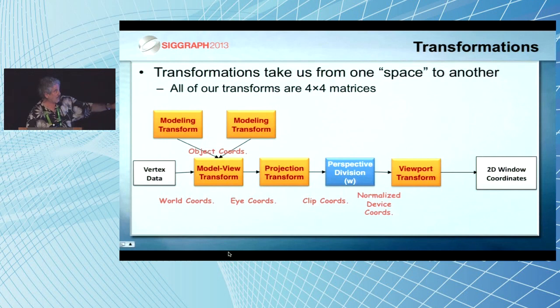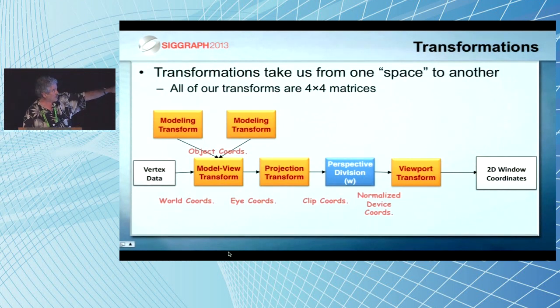And eventually, at the end of that, you wind up in a system that's called clip coordinates. Now, that's something that OpenGL does know about. So everything to the left of clip coordinates, you get to pick it and work with it. But again, I think it's helpful to think in terms of camera coordinates and object coordinates.